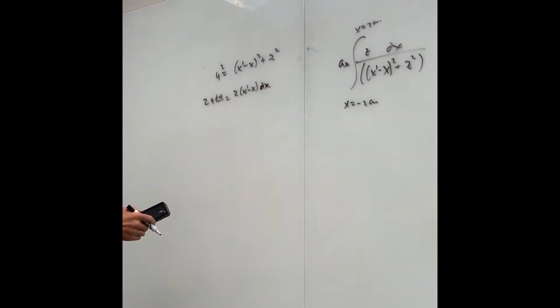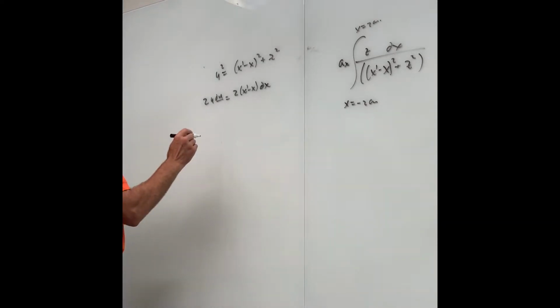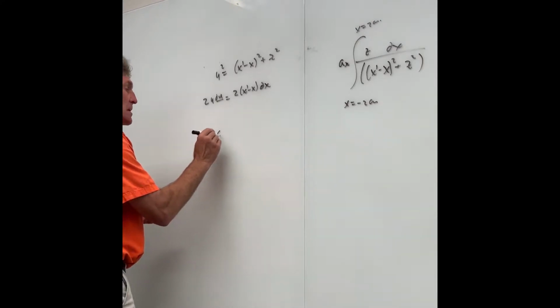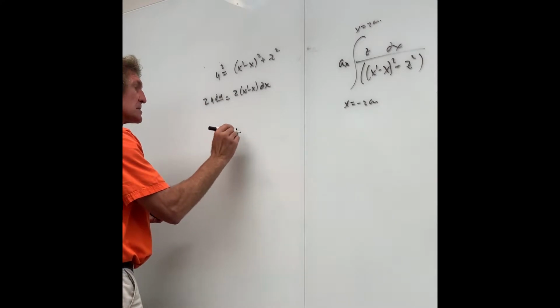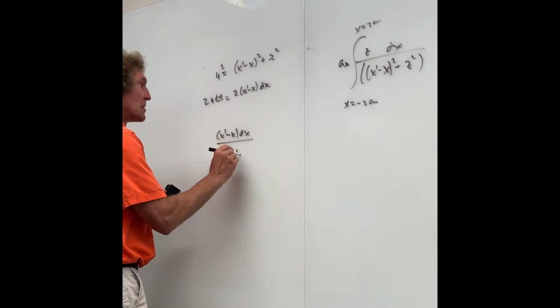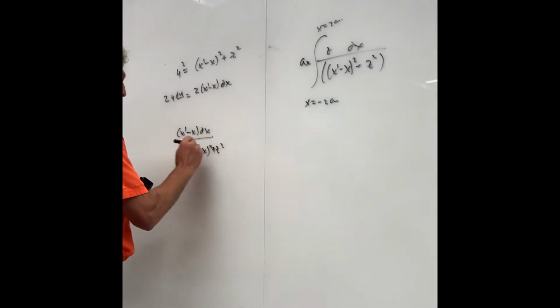Well, let me see here for a second. Maybe I do have it. So that becomes du would be x prime minus x dx over u, which is square root of x prime minus x squared plus z squared.